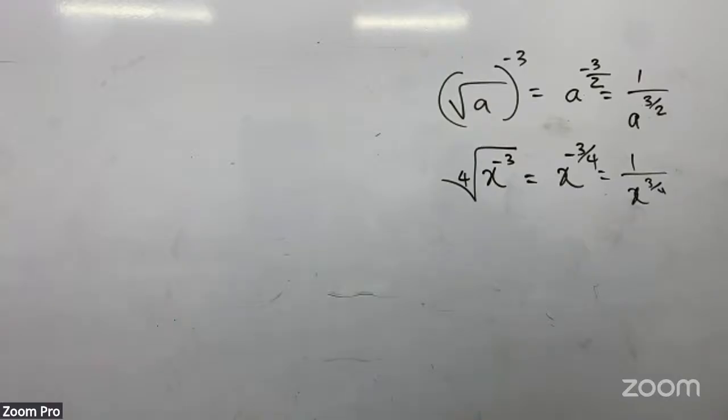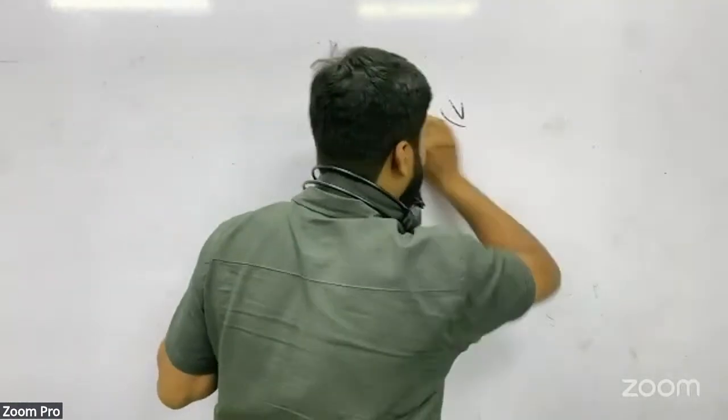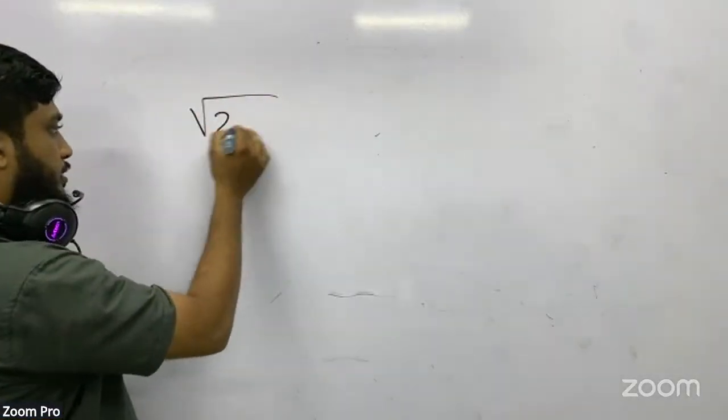Under square root 25, they have asked to find the value. Square root 25 is how much? 5. Although you know it is 5, we have to act.